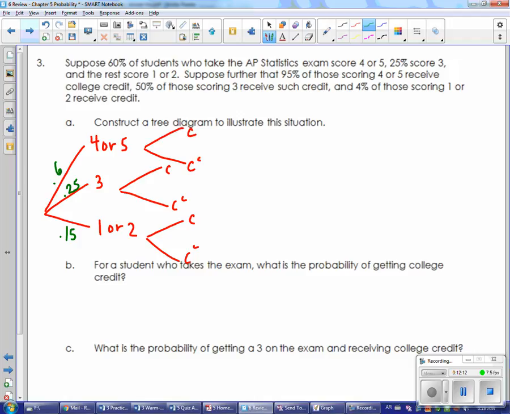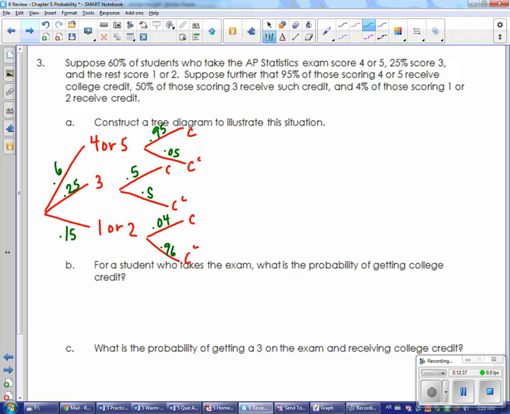So if I make it to a 4 or a 5, 95% will get credit. That means 5% won't. Because remember, each group of branches has to add up to 1. 50% of those scoring a 3 get credit. That means 50% don't. And 4% of those scoring a 1 or a 2 get credit. That means 96% don't. So that's how you would complete your tree diagram.